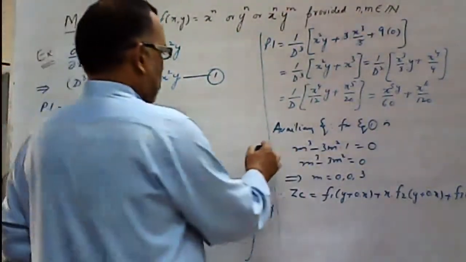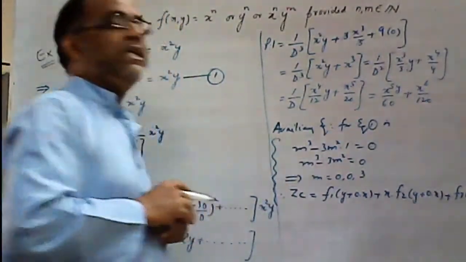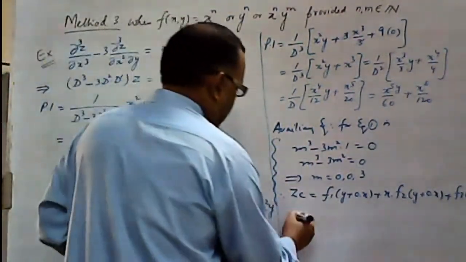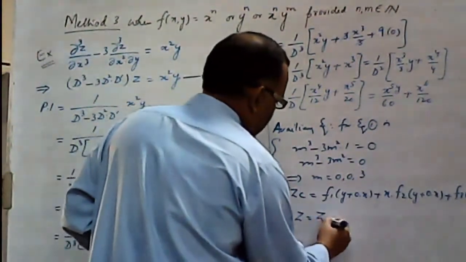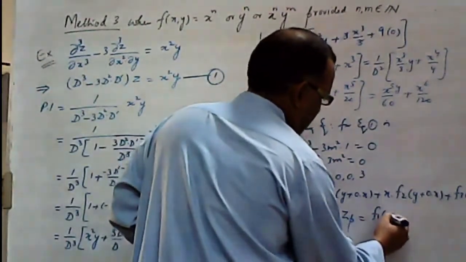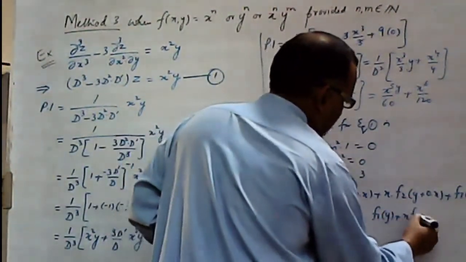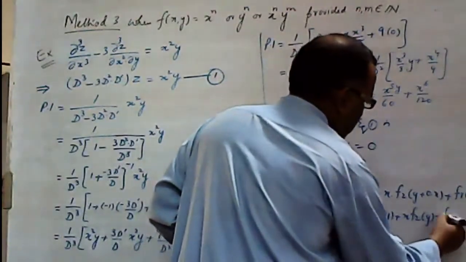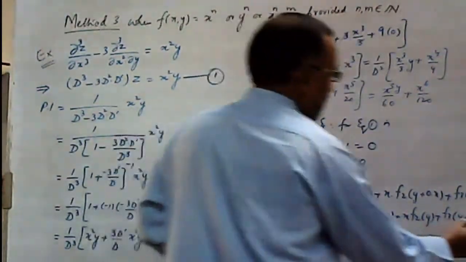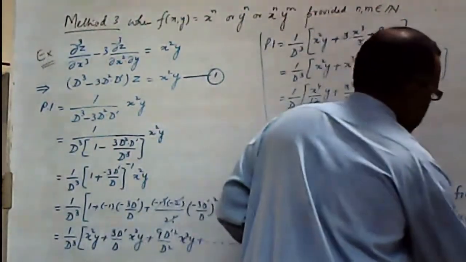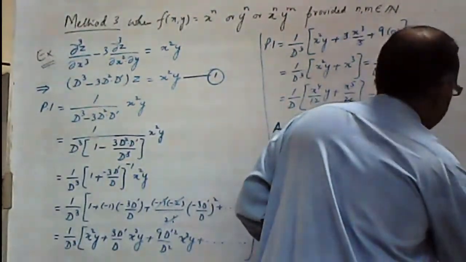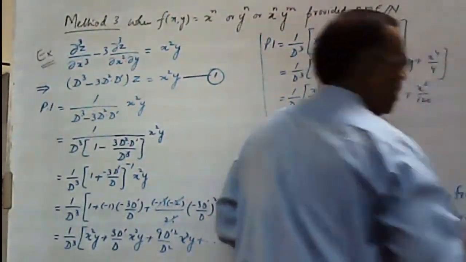You need to do these steps in each and every question of higher order. Then the final answer, that is z equal to zc plus zp, means f1 of y plus x f2 of y plus f3 of y plus 3x. This is zc, and then plus zp, which was x power 5 y upon 60 plus x power 6 upon 120.